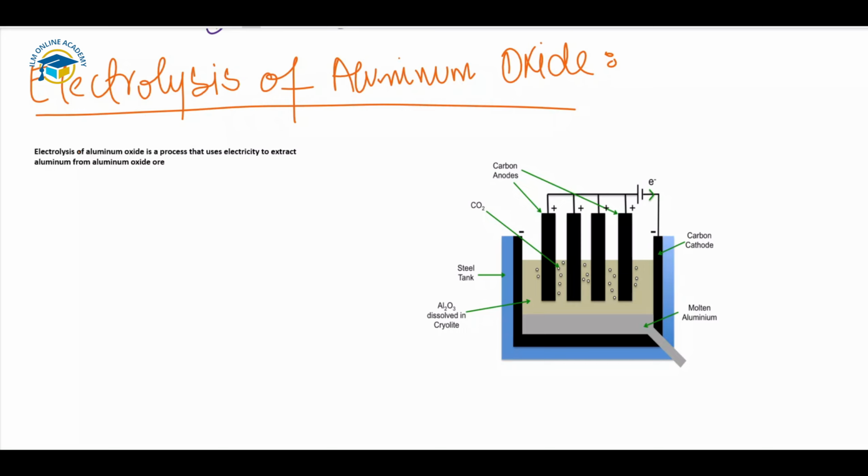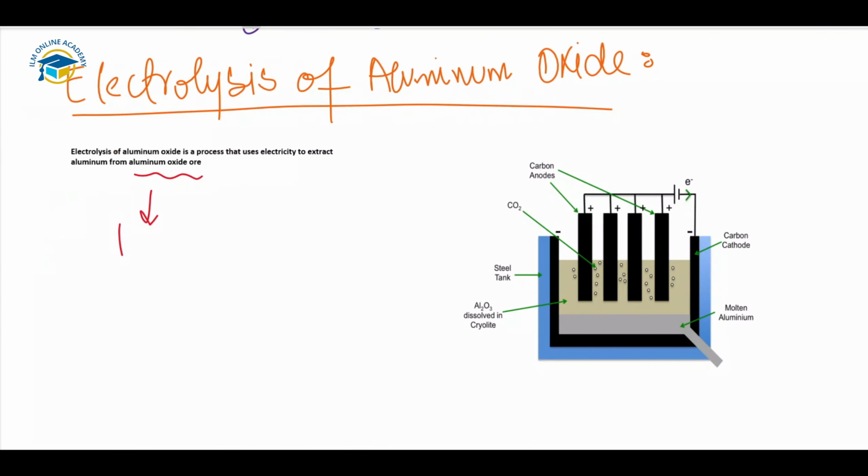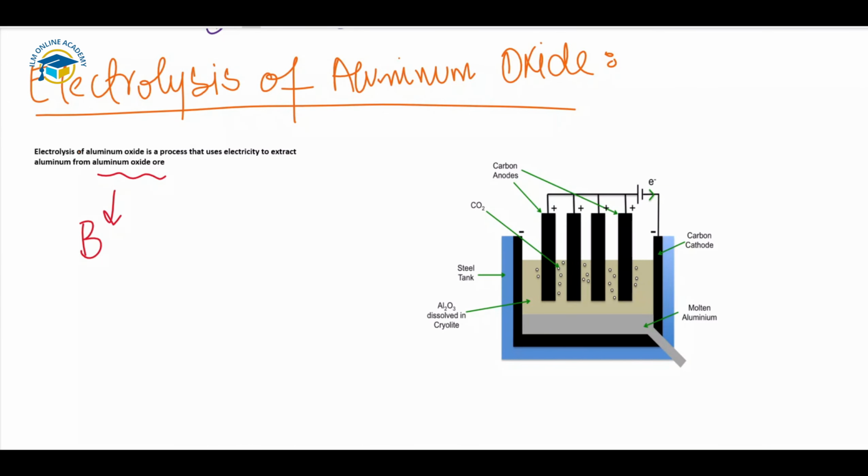Electrolysis of aluminum oxide is a process that uses electricity to extract aluminum from aluminum oxide ore. For the electrolysis we have the ore of aluminum oxide, that is known as bauxite. Bauxite is the ore of aluminum oxide.